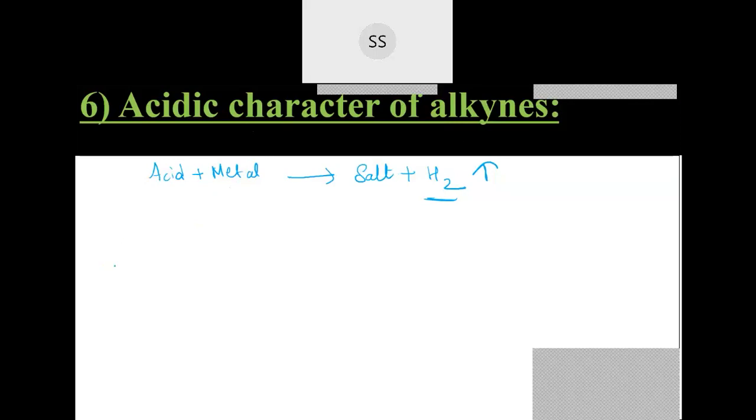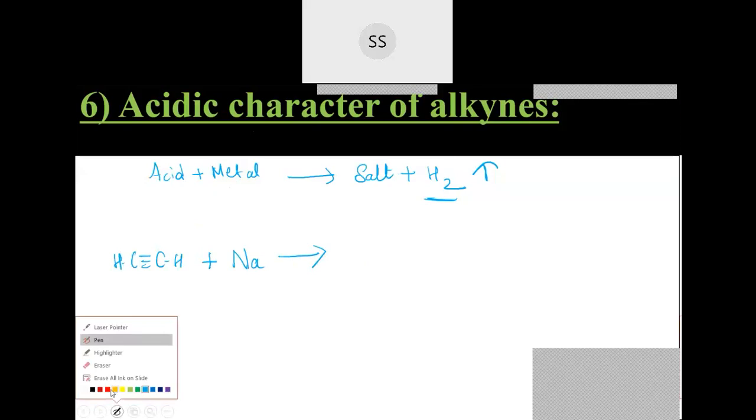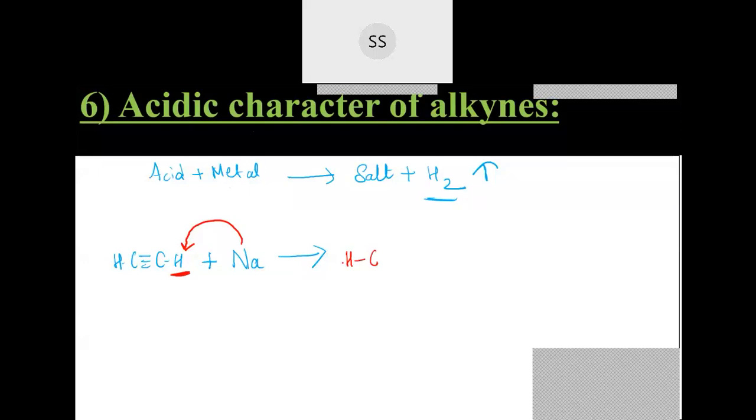So when I take ethyne as the example, and ethyne is made to react with a highly reactive metal, here I am taking sodium, they found that hydrogen gas is released. That means during the reaction the sodium has displaced the hydrogen which is present next to the carbon, and it gave rise to the compound HC triple bond C, Na.